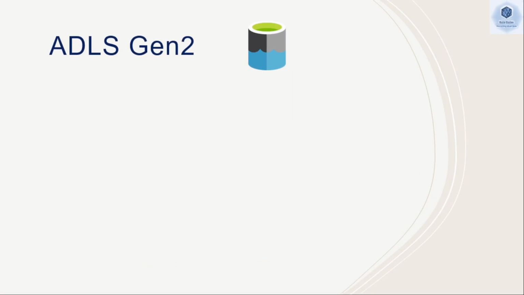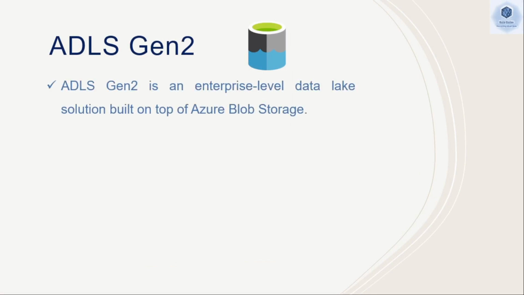And we also have ADLS Gen2 storage available in Azure. This is a form of Azure Blob Storage where you can store your data in a hierarchical namespace. The hierarchical namespace means you can store your data in containers, folders and subfolders. So you can access and store the data in a structured, hierarchical manner.